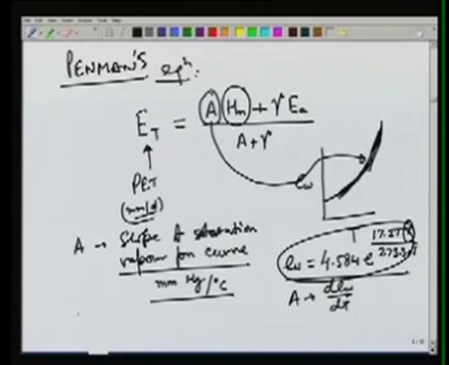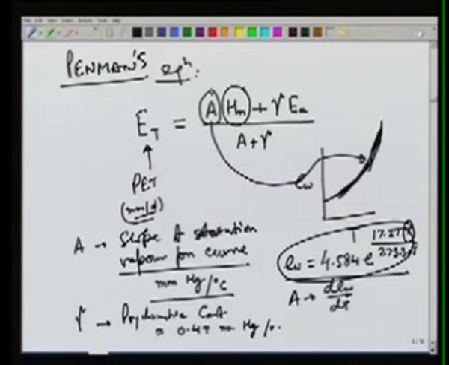The other factor which we use is the gamma, which is the psychrometric constant, and its value typically is taken as about 0.49 millimeter of mercury per degree Celsius. So these are these two factors, A and gamma.